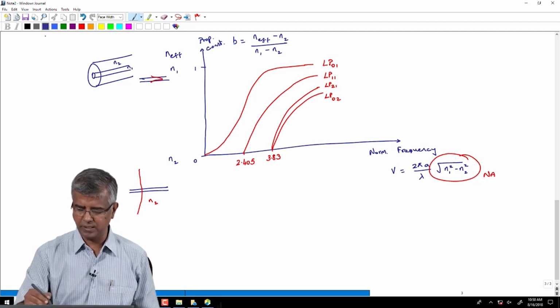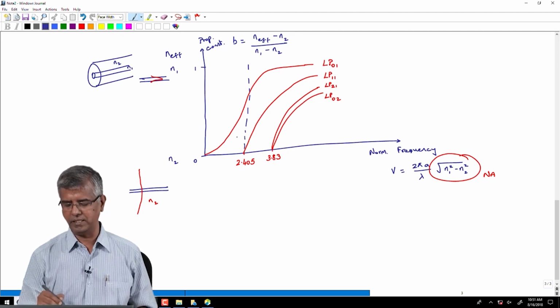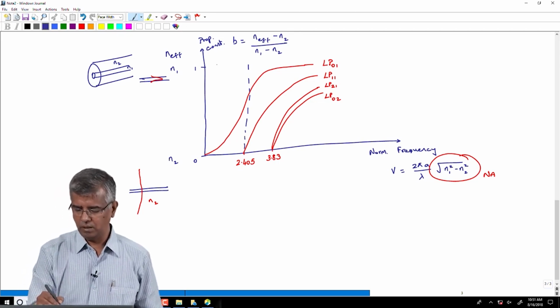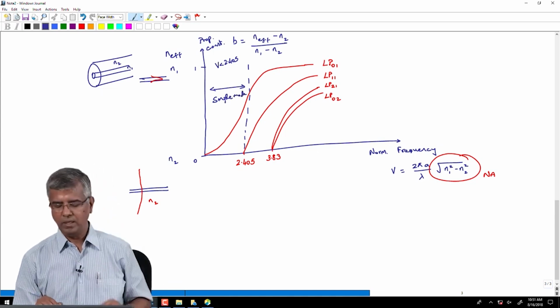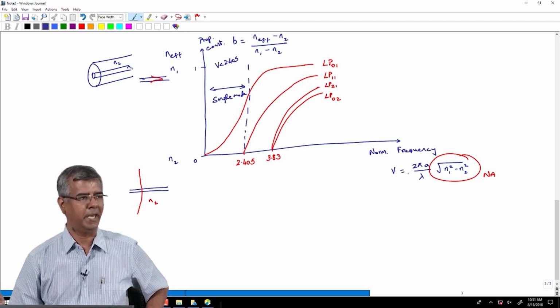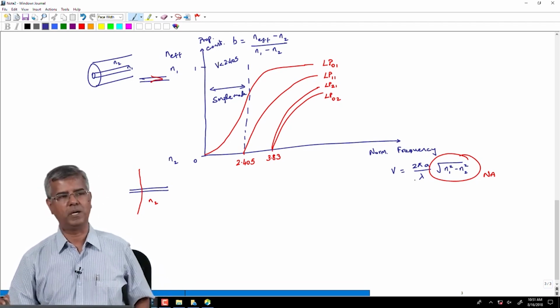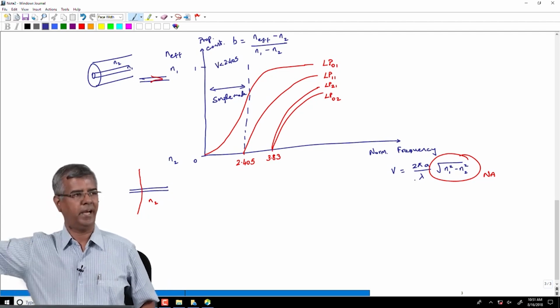So, essentially what we are saying is, if I manage to stay within this region, V number of less than 2.405, then I have only one mode that is propagated. Or alternatively, if I have a condition where D, which is 2A in this case, is much greater than lambda, then the value of V is very high.